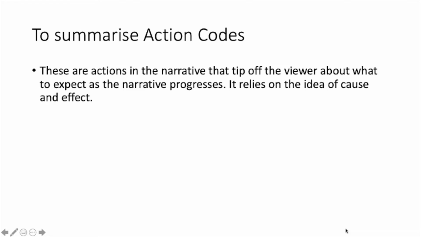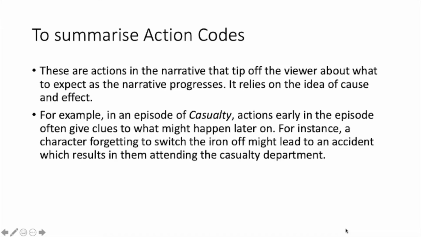All right, so something causes potentially a problem, or the action, and then the effect is the characters react to that action. Okay, so last little example. I've given you the example from soap operas, but I'm going to give you just another genre example. So in an episode of Casualty, which is a medical drama, actions early in the episode often give clues as to what might happen later on.